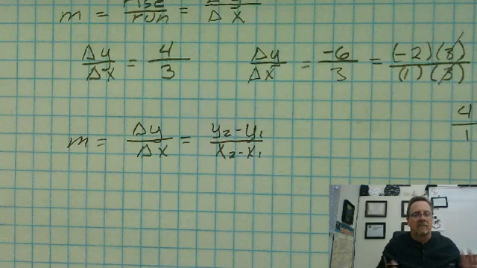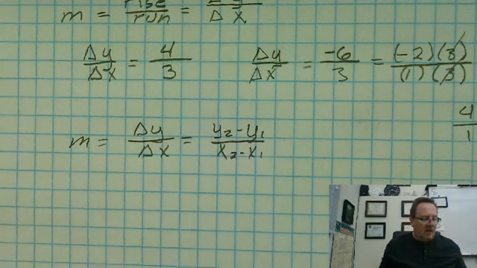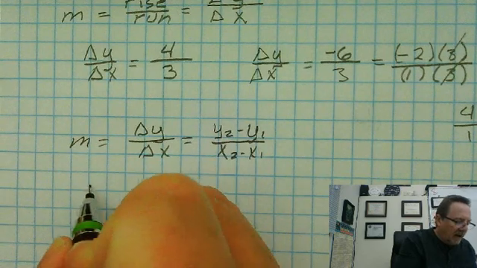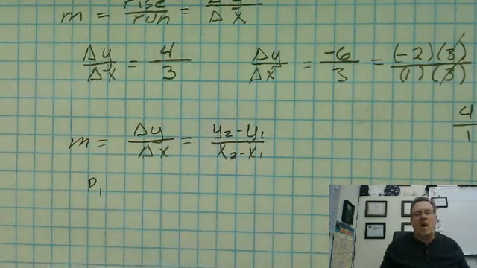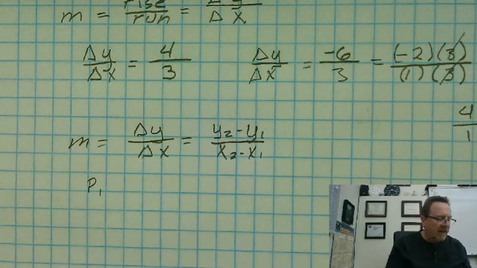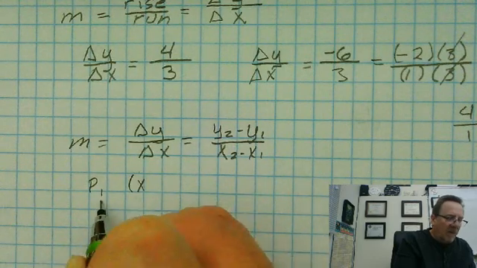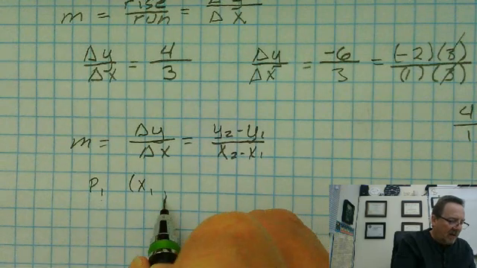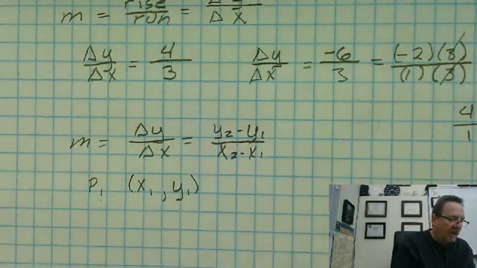Now, hopefully you're going, what's x1 and y1 and all those cool things? And that's a good question to ask. Suppose that I picked a point and called it point 1. Then I could designate from point 1 the x value as being x1 and the y value as being y1.